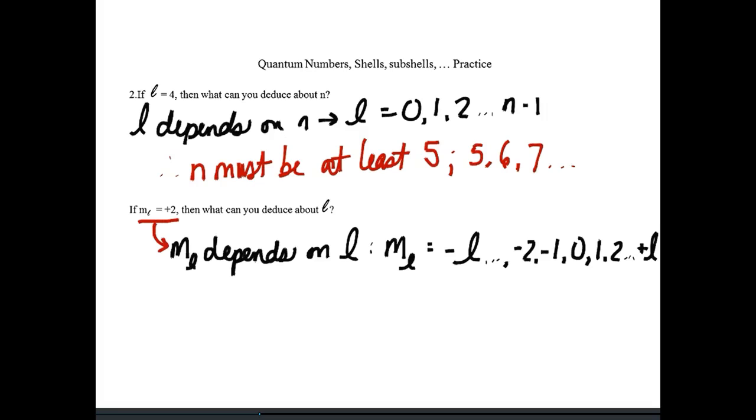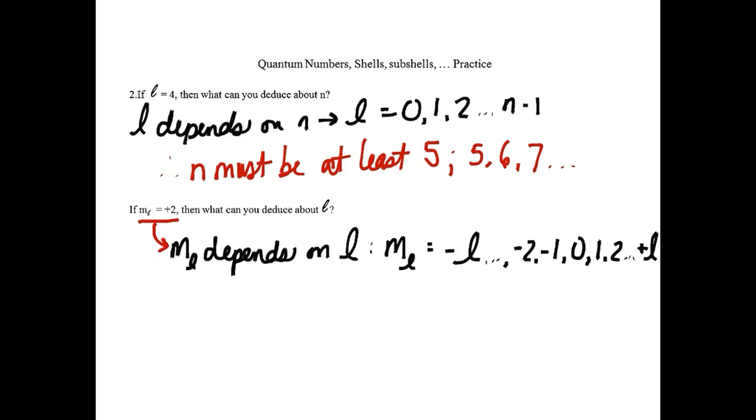M sub L depends on L. So M sub L is going to vary from whatever negative L value you have up to a positive L value. So if M sub L is plus 2, then you know that L can be 2. You know L could be 3. You know L could be 4. But L could not be 1. If L was 1, then you'd only have negative 1, 0, and 1. So L has to be at least 2. It can be 2 or 3 or 4.